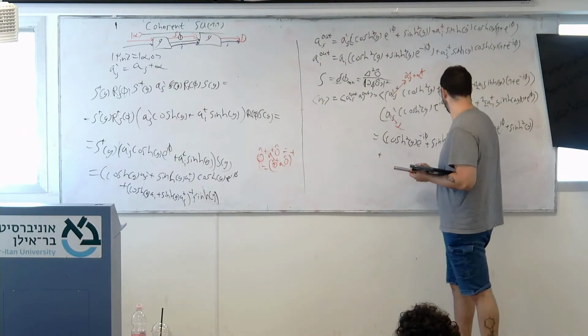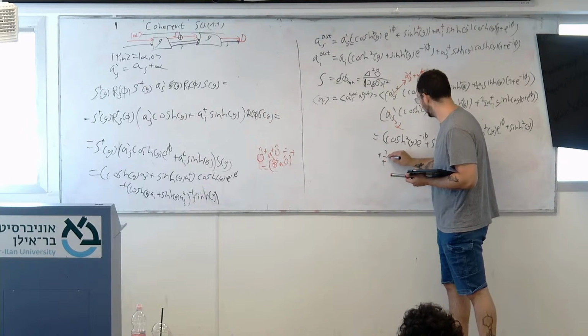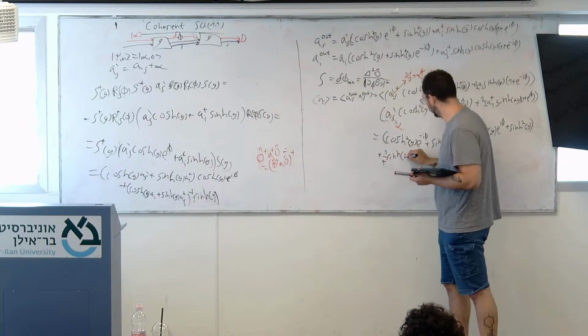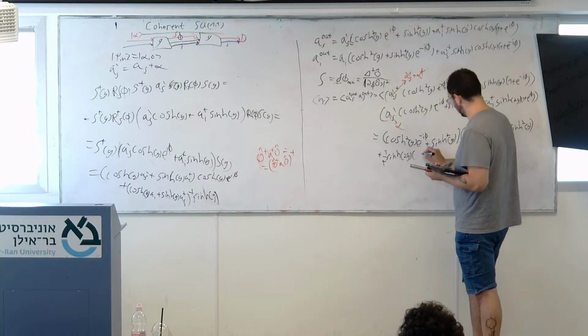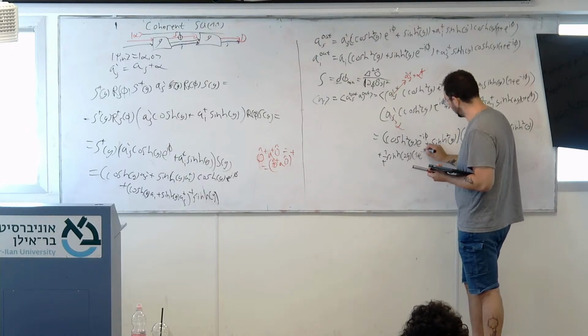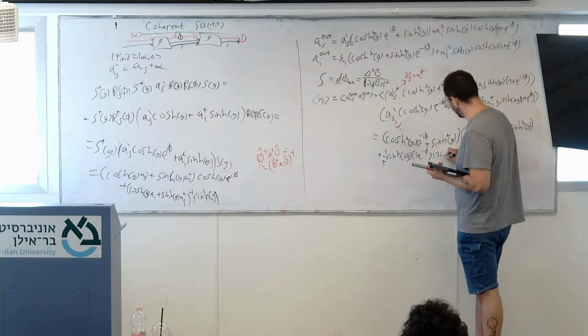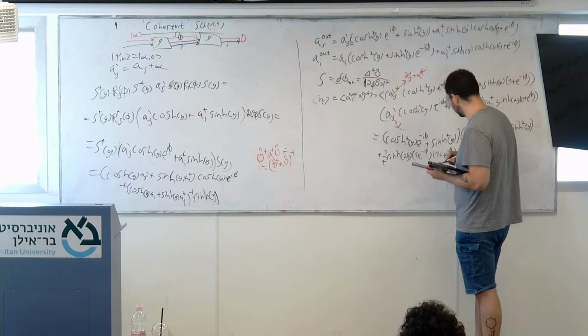And then plus 1/4 sinh 2G of 1 plus e to the minus i phi, 1 plus e to the i phi. Right?